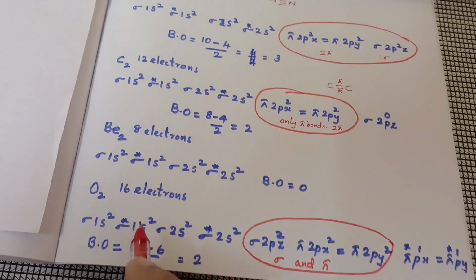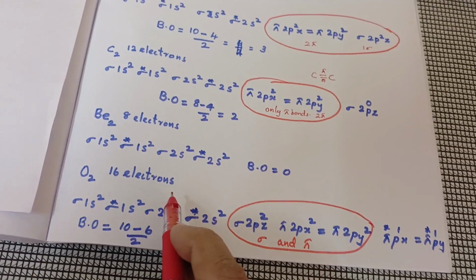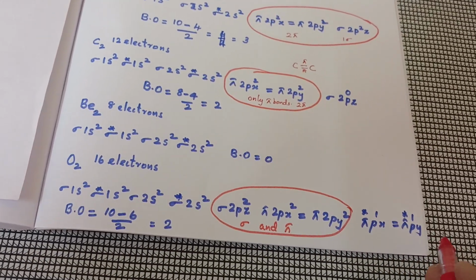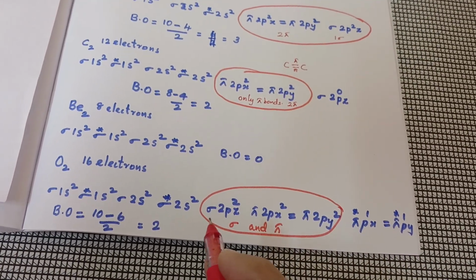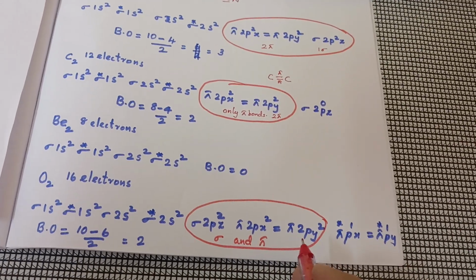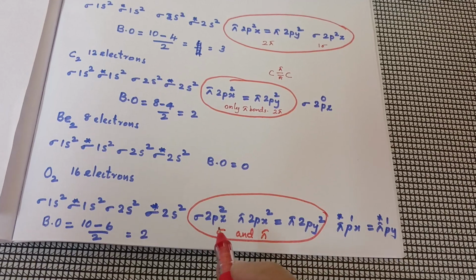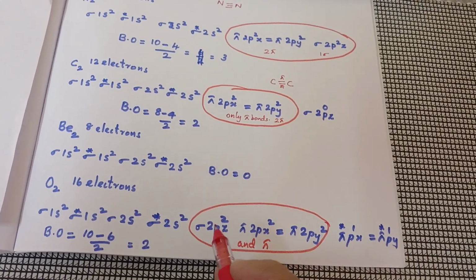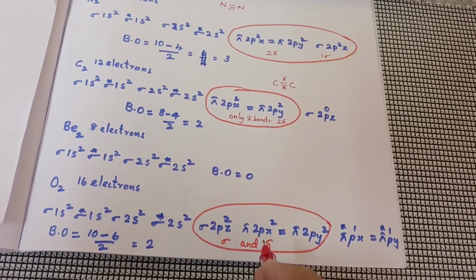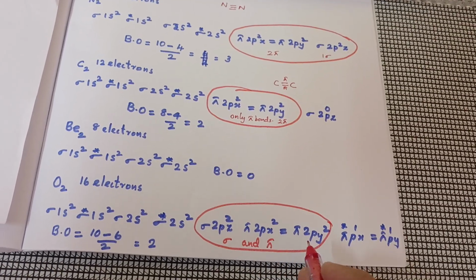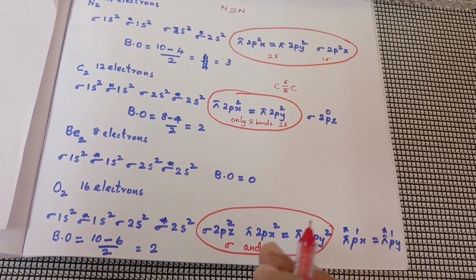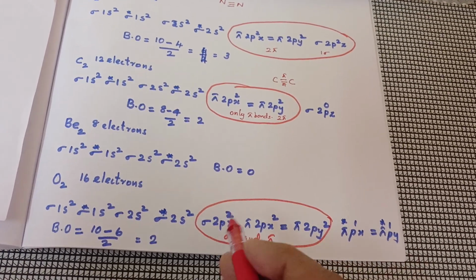Now let us look at oxygen also. O2, 16 electrons. If we place them in the bonding and anti-bonding orbitals like this, we can see that in the case of oxygen, the filling up of the molecular orbitals is a little different. That is, sigma 2pz is coming before the pi molecular orbitals, due to mixing of molecular orbitals.